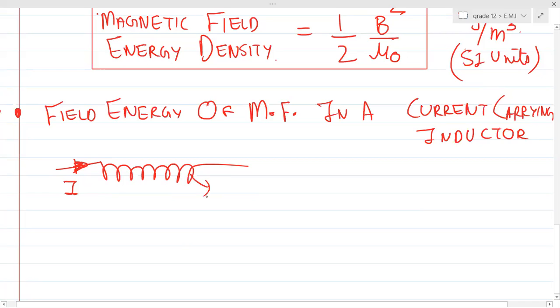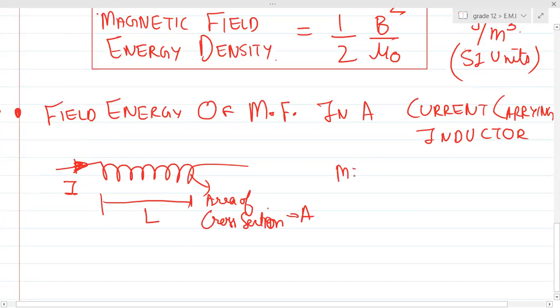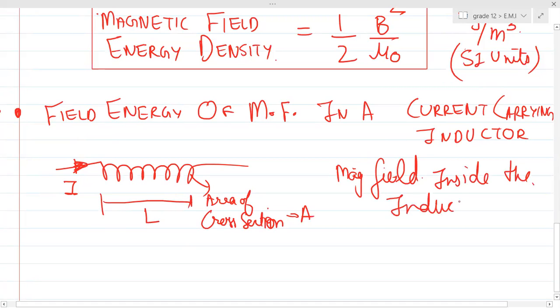If I say the area of cross section of the inductor is A, the length of the inductor is L. Sir, why do we need length? Because to give the volume of the inductor. Can anyone tell me what is the magnetic field inside the inductor, if the number of turns is n?